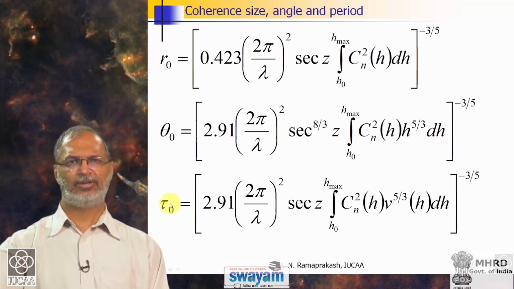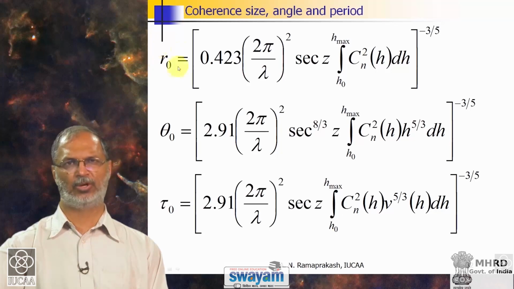Similarly, you can calculate the time scale over which the atmosphere changes, which is given by the velocity at which a blob of size r0 passes across your line of sight. You plug that back into this equation and you get the time scale over which the atmosphere changes. So, r0 denotes the typical atmospheric patch size over which you can consider that the RMS phase fluctuation is small, of the order of 1 radian.